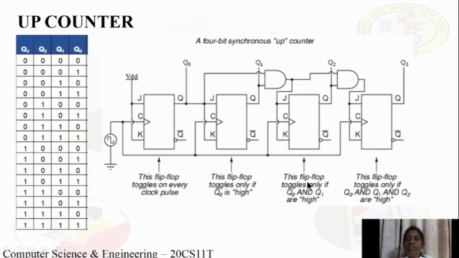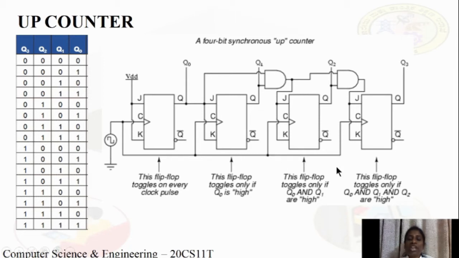Next, this flip-flop toggles only if Q0 and the Q1 will be high. Then the last flip-flop, that is the fourth flip-flop, will toggle only if Q0, Q1 and the Q2 will be high. To make it as high JK flip-flops, we have connected the AND gates.